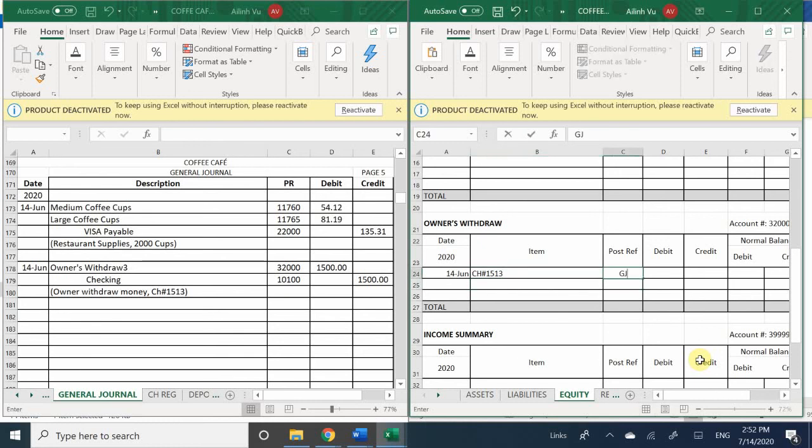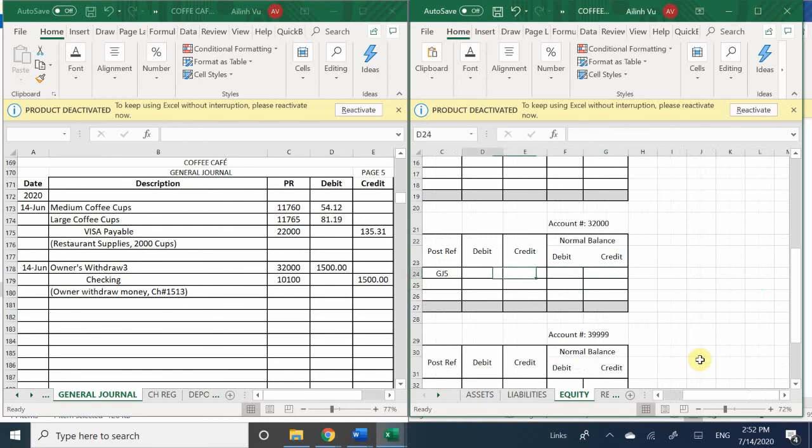Post reference is my general journal number 5. And because it's in my journal, it's a debit. So therefore, I'm going to debit my account for 1500. So that means my balance in my owner's withdrawal is going to be 1500.